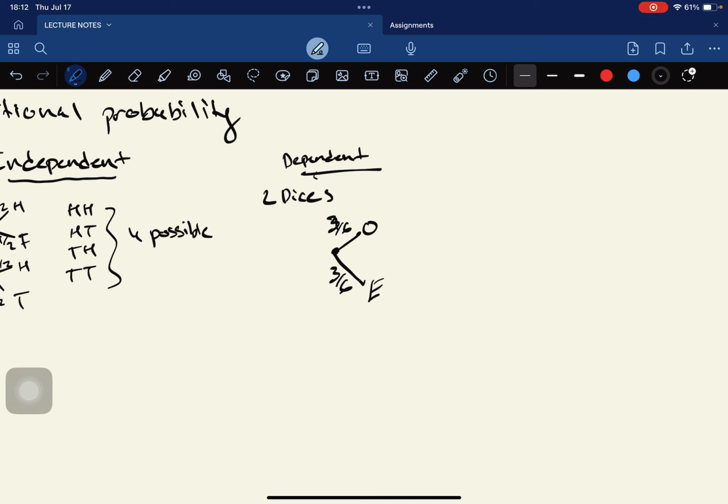Obviously the odd numbers on the dice would be 1, 3, and 5. Let me just write this properly for you. And you get it 1/3 of the time, because there are only 3 odds. Same thing goes with even. On the dice there's 2, 4, and 6, and each of them would be 1/3 of the time of the even part.